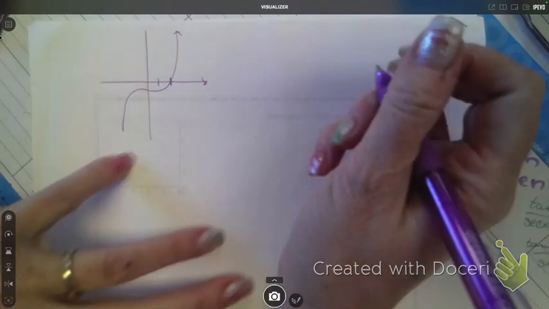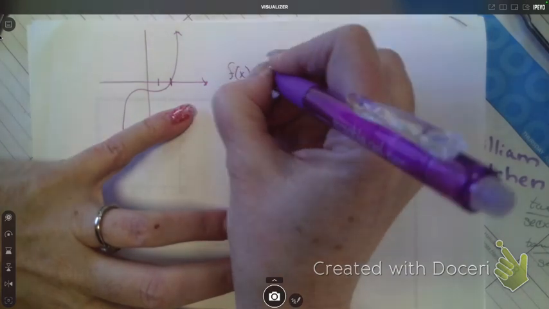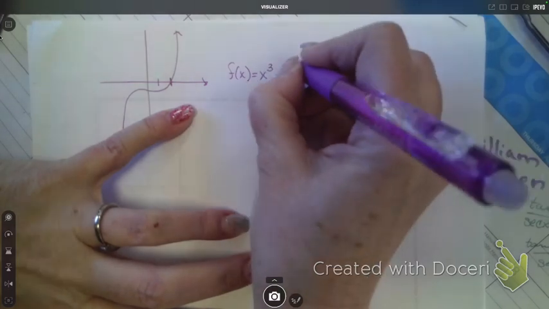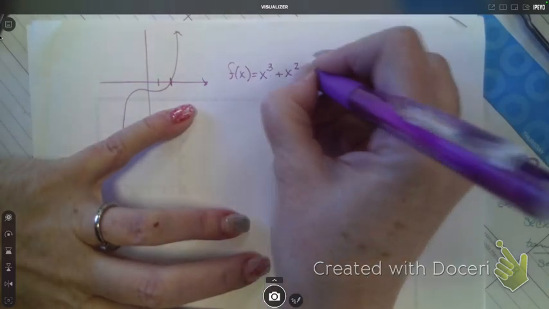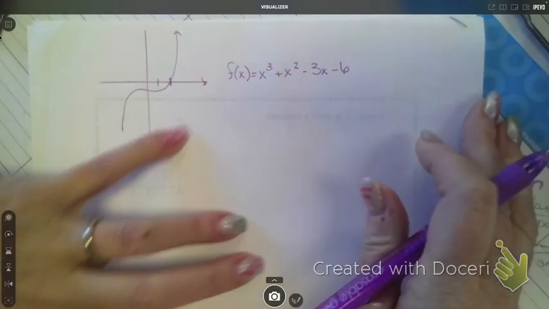And it gives me the equation f of x equals x cubed plus x squared minus 3x minus 6. Okay?